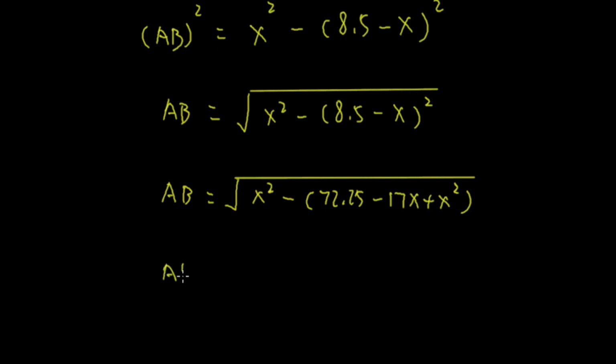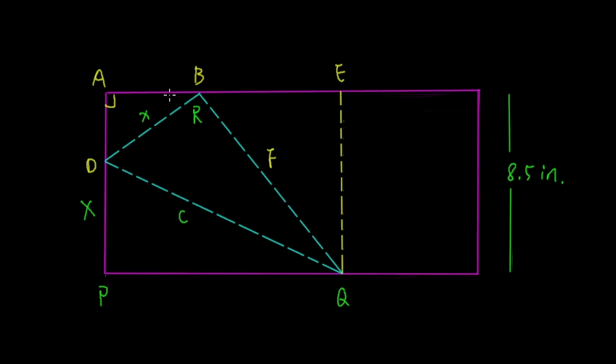So AB is equal to the square root of 17x minus 72.25. Okay, so that is the length of AB here. Now, we know the length of here, here, and here, right? So what should we do next?